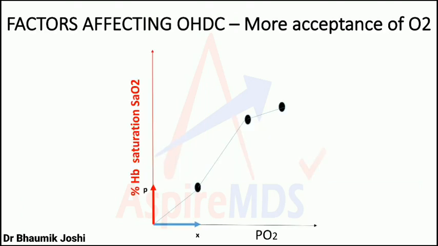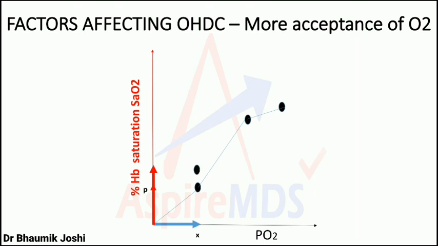In the cases where the factors increase the acceptance, or when there is more association of oxygen, what happens is, let's say in this example on the x-axis, for partial pressure of oxygen x, the percentage of hemoglobin saturation is P. But in the presence of the factors which increase the acceptance of oxygen, for the same pressure x, the saturation percentage of the hemoglobin will increase.